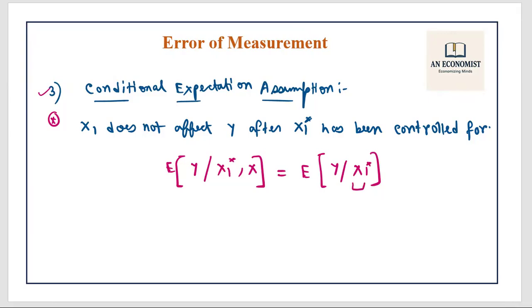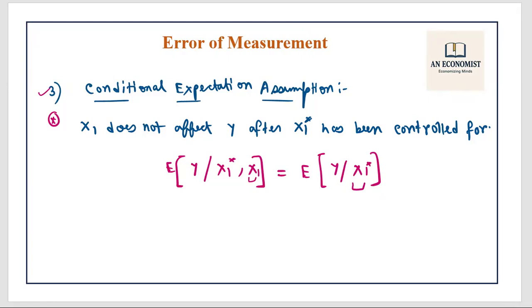So see, if x1 star is available to you, you do not need to look for x1. That is what it means in simple words. x1 is the proxy variable here, and x1 star is the original variable that we should use for our purpose.